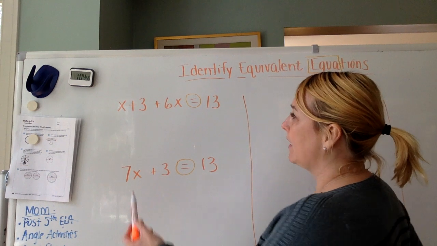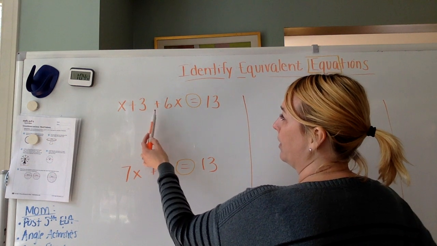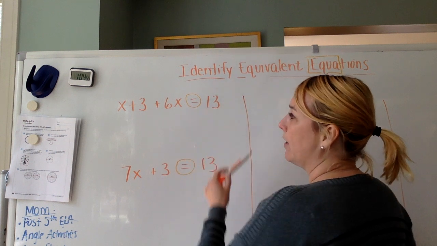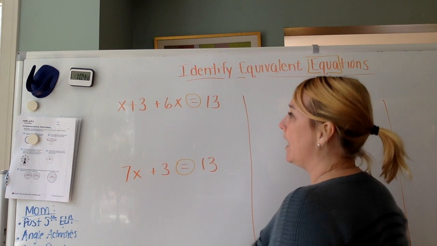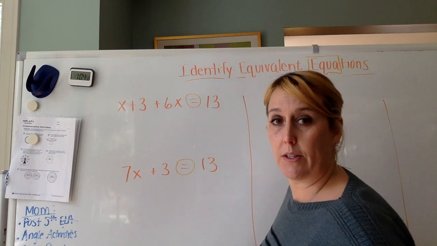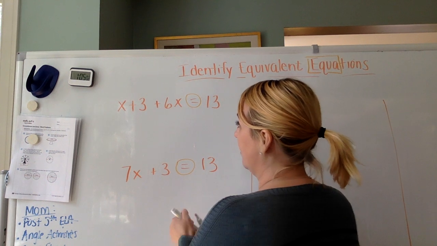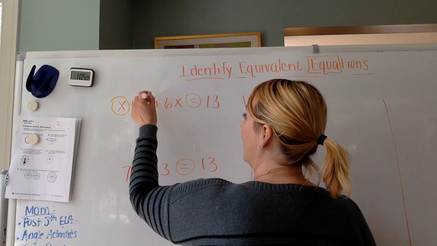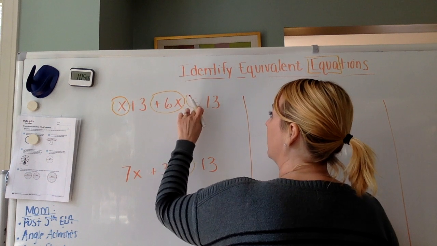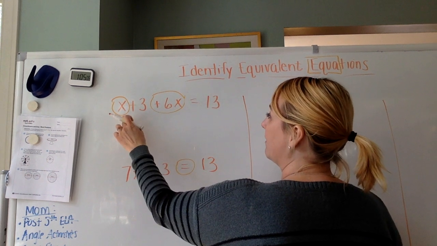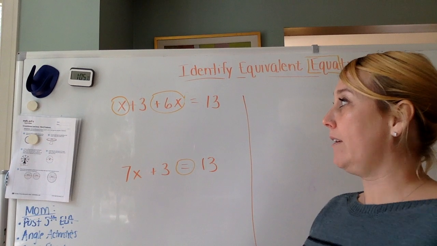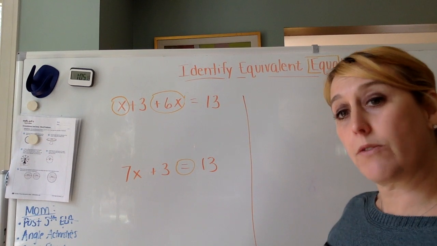The first thing that I see with this one, x plus 3 plus 6x equals 13, is like terms. I have an x and I have a positive 6x. Because I have x plus 6x, those are like terms because they're from the x family.